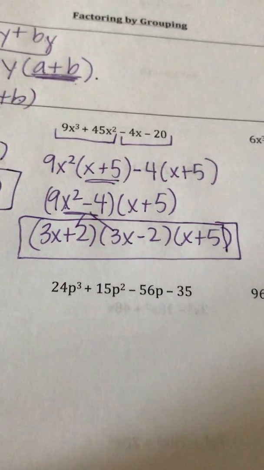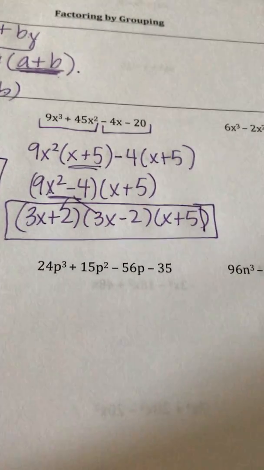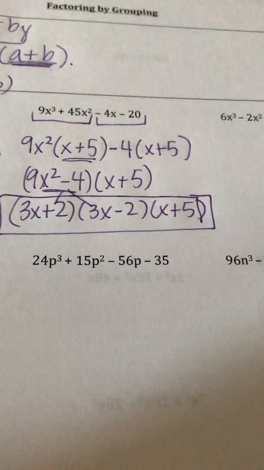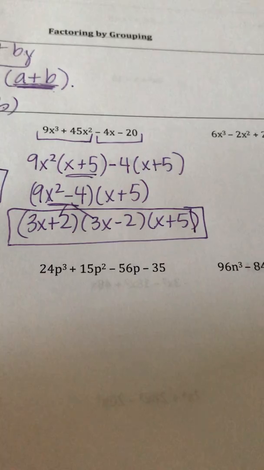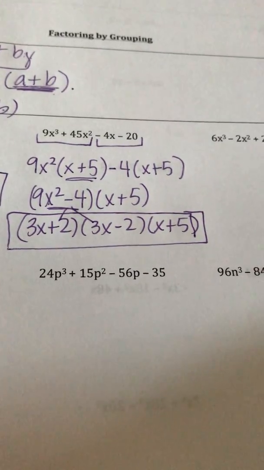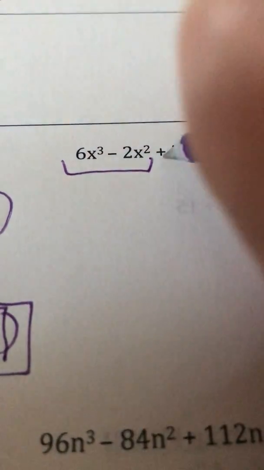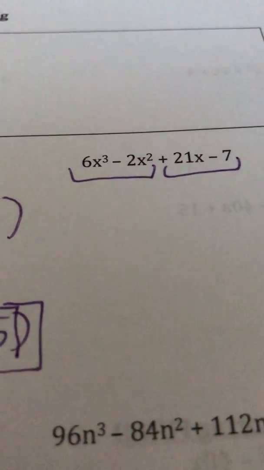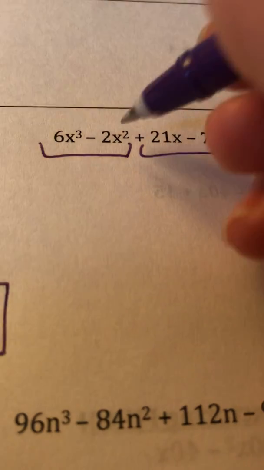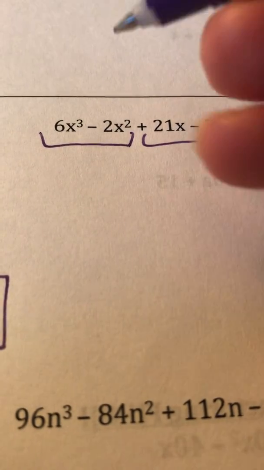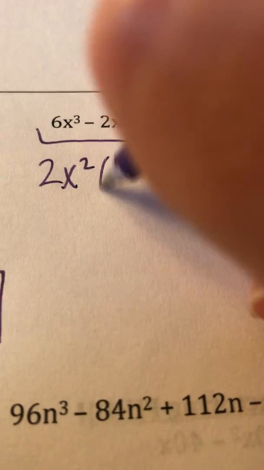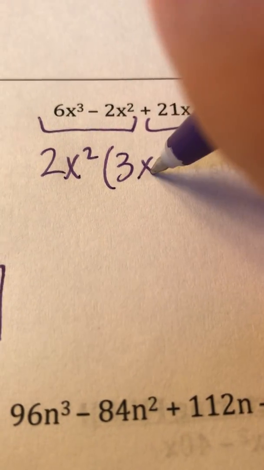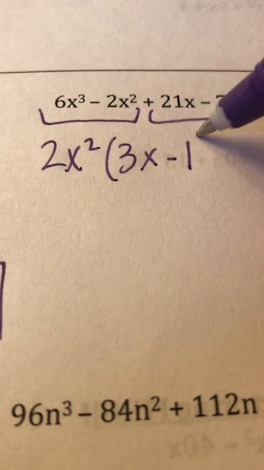All right, we'll do one more together, and then I'm going to let you do the other three on your own. All right, this one right here. So I'm going to group these two and group these two. Here I have a greatest common factor of 2x squared. What I have left over is 3x minus 1.